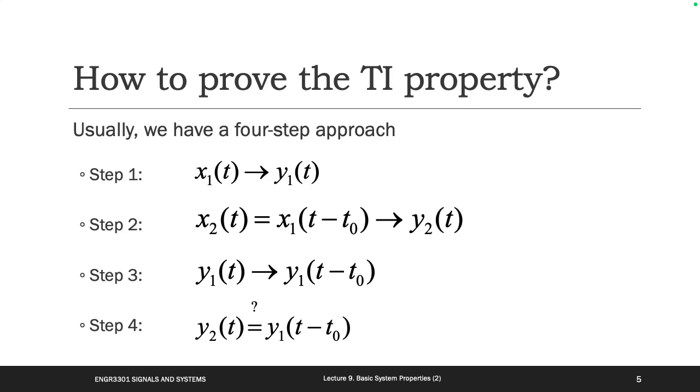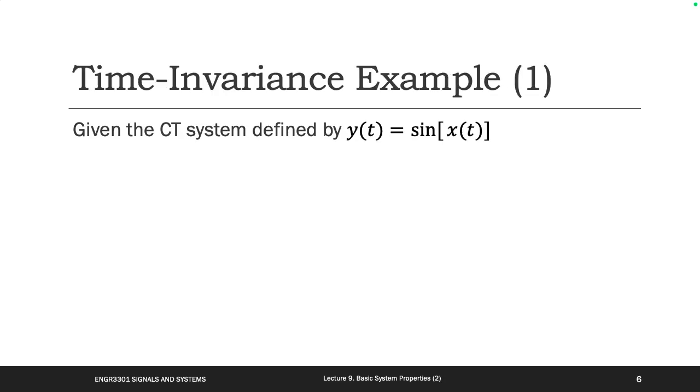If those two are equal, then it is a TI system. If those two are not equal, it is not. That makes sense to you? Because as time passes, we want that specific output value. This is the first step if you want to prove whether the system is TI or non-TI. Okay, let's check an example.